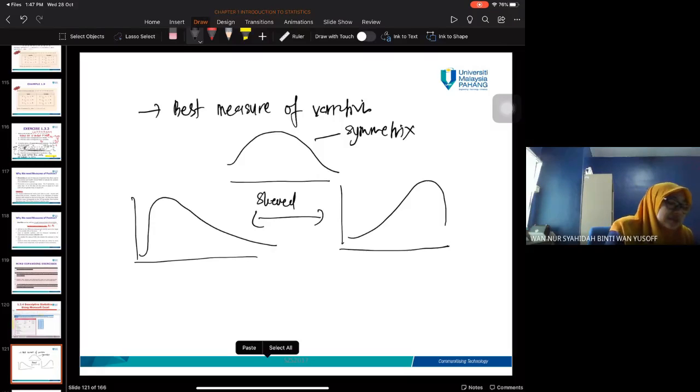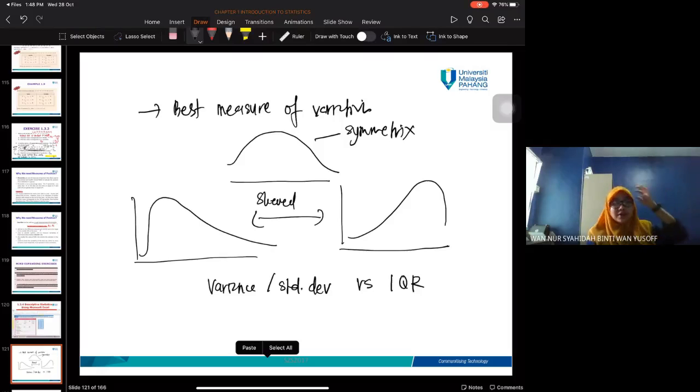For the best measure of variation, it is between variance, standard deviation, and also IQR.